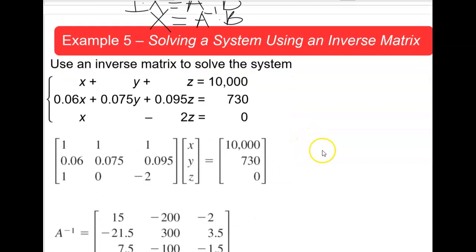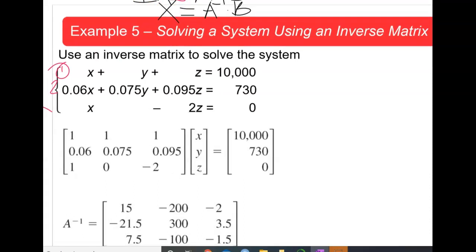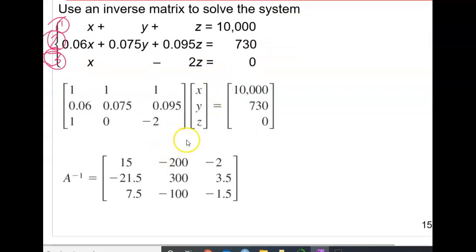Okay, I'm going to show you how that will work with a system. So here we have a 3x3 system. You can see we have 3 equations, 1, 2, and 3. What we're going to do is find the inverse for it, and in fact, I already have it here.